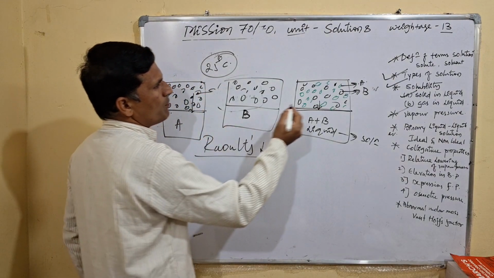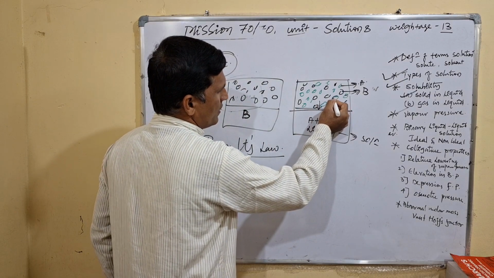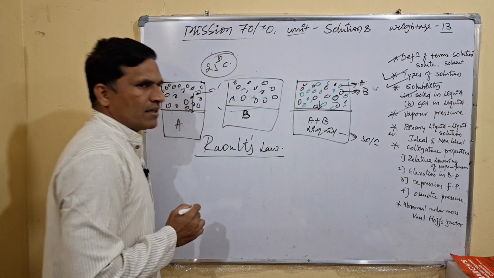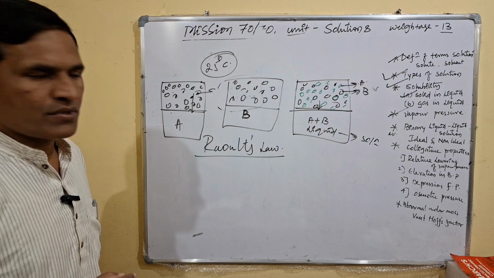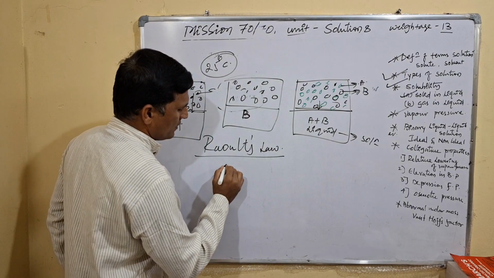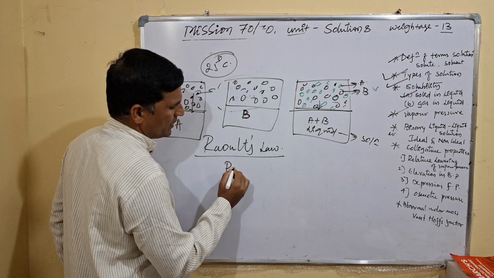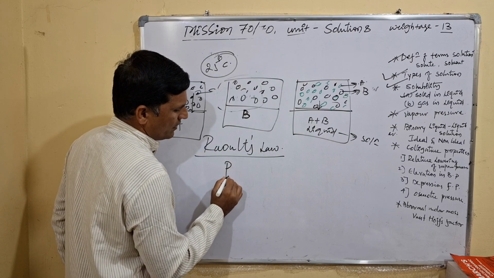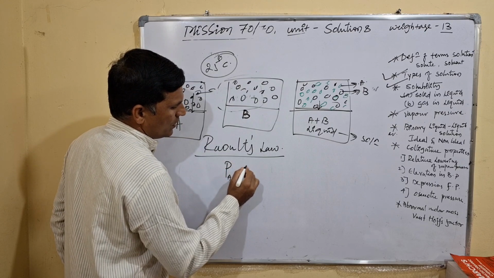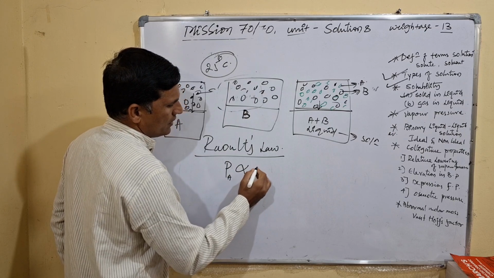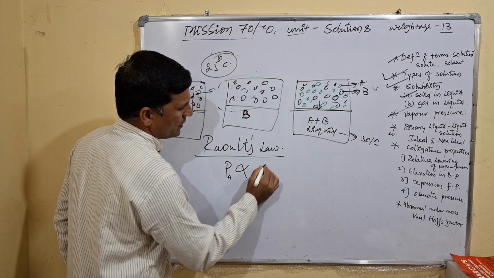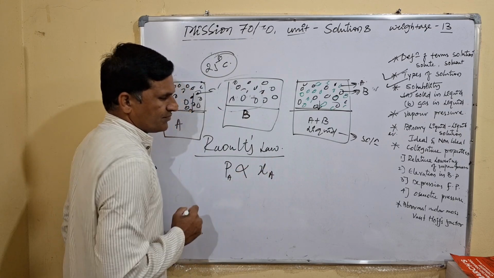The partial pressure exerted by a particular gas, the vapor pressure of a given liquid over the surface of the solution, is directly proportional to its mole fraction.